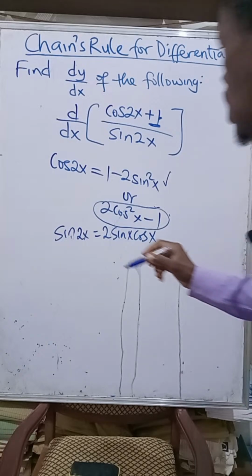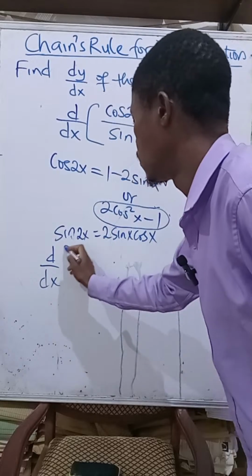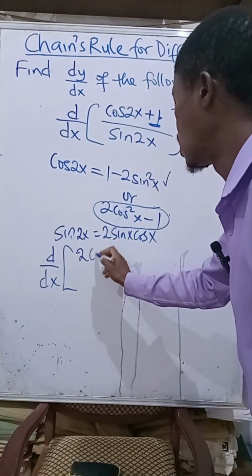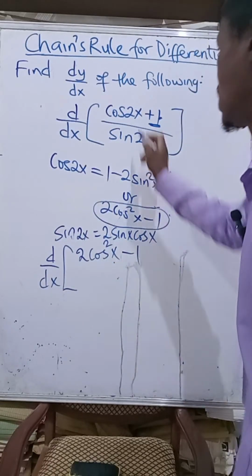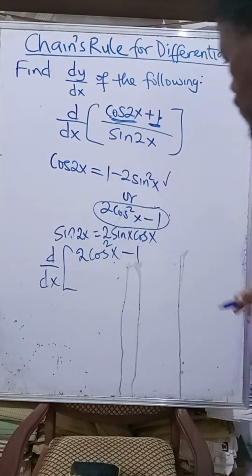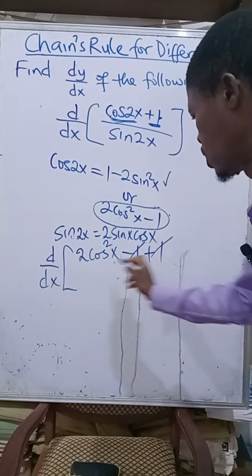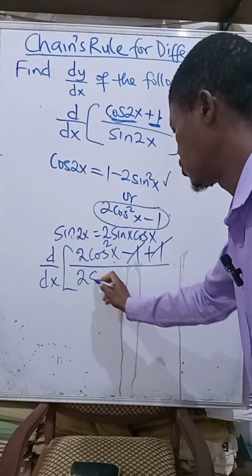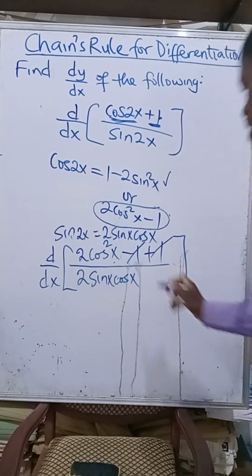So we're going to do the algebra: d/dx of 2 cos square x minus 1, that's for your cos 2x, and then plus 1. So this minus 1 plus 1 cancel, all over sine 2x, which is 2 sine x cos x. Close your brackets.